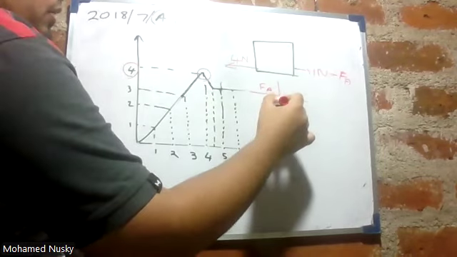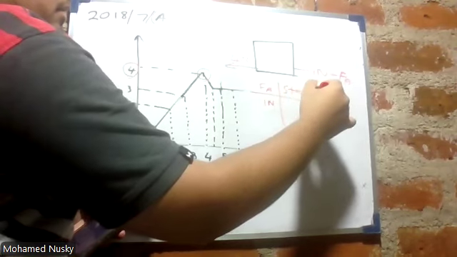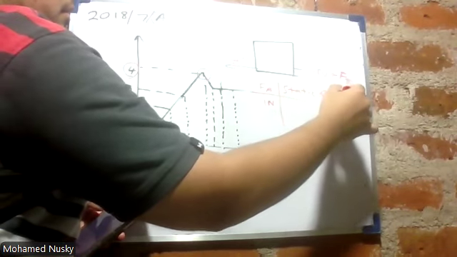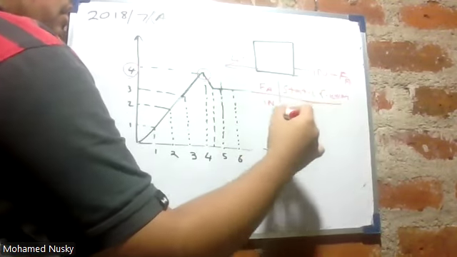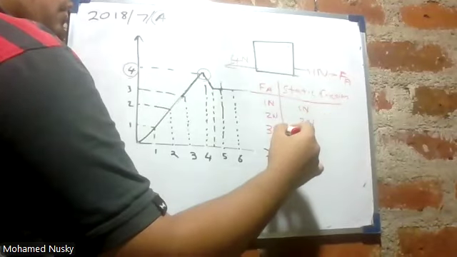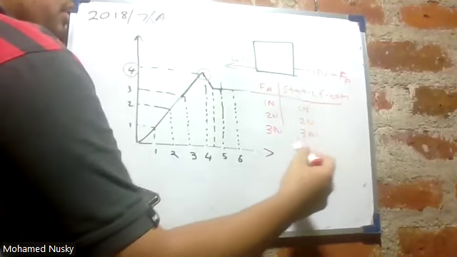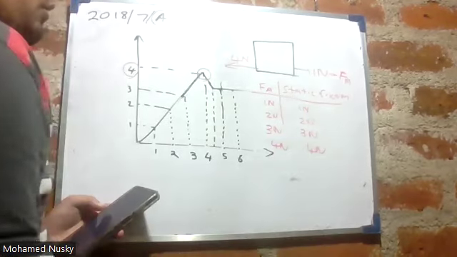If I apply 1 Newton, then static friction is 1 Newton. If I apply 2 Newton, static friction is 2 Newton. If I apply 3 Newton, static friction is 3 Newton. If I apply 4 Newton, static friction is 4 Newton.